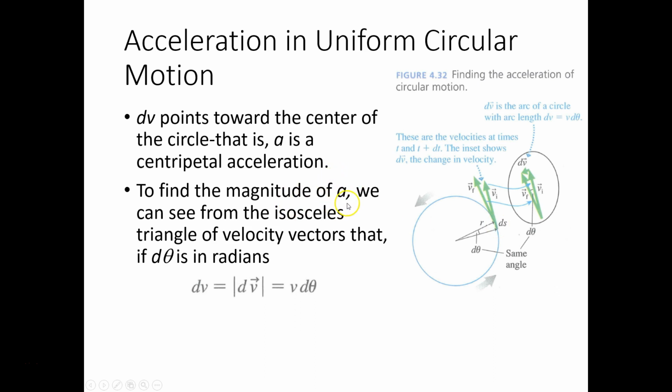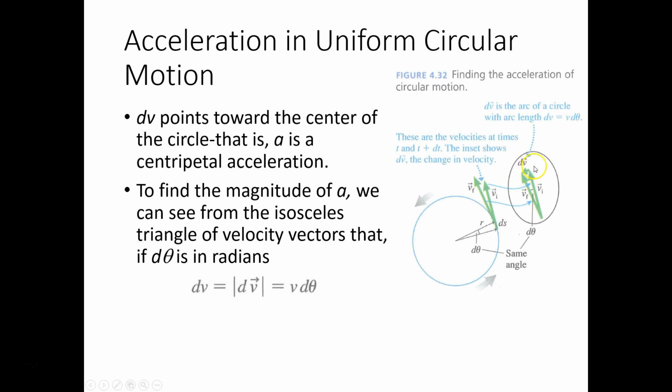If I want to find the magnitude, we can see from an isosceles triangle and the velocity vectors, if you look at the change in velocity, you'll notice it's right here for these two velocities at these two positions. We can now just say it's the velocity times the change in that angle. So that's basically what we're looking at here.